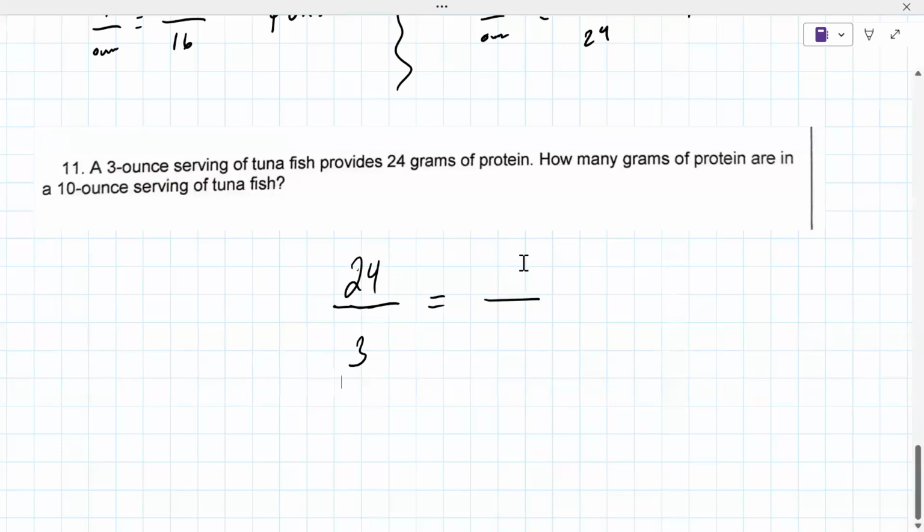What goes on top? The ounces on the bottom and then X is on the top. But here's what you said: grams, ounces. So the top one is X, you're trying to find grams. There you go. Sometimes it's good to put that down. Now you cross multiply. You can pre-reduce, but go ahead and solve that, please.